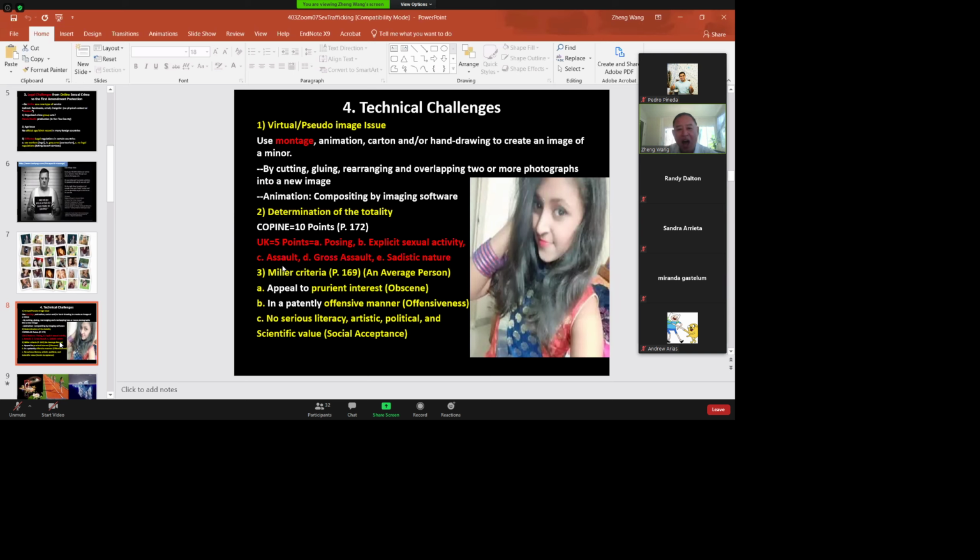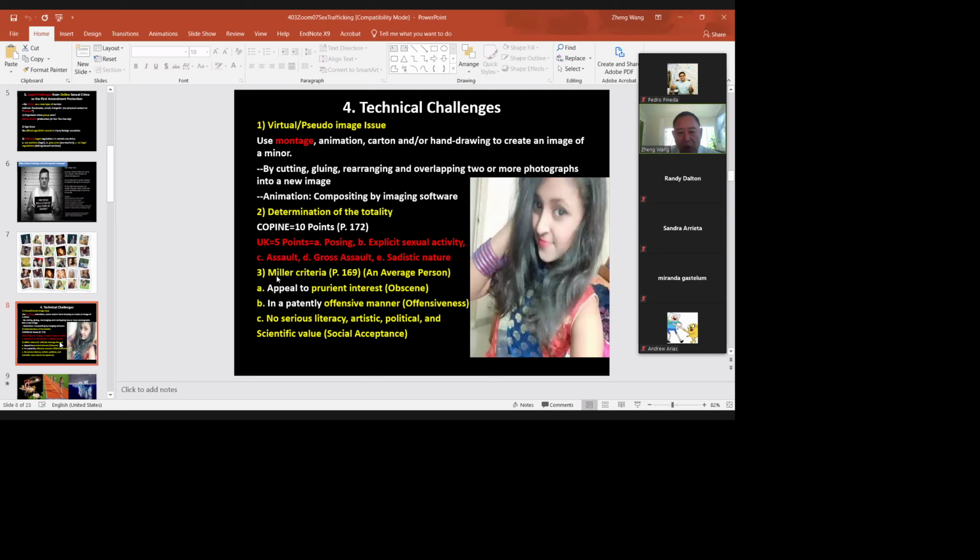Then how do you determine? Here you see the five criteria. One is UK, five points. Copine has ten points on page 172, which is too much, so I prefer to just use the two here.